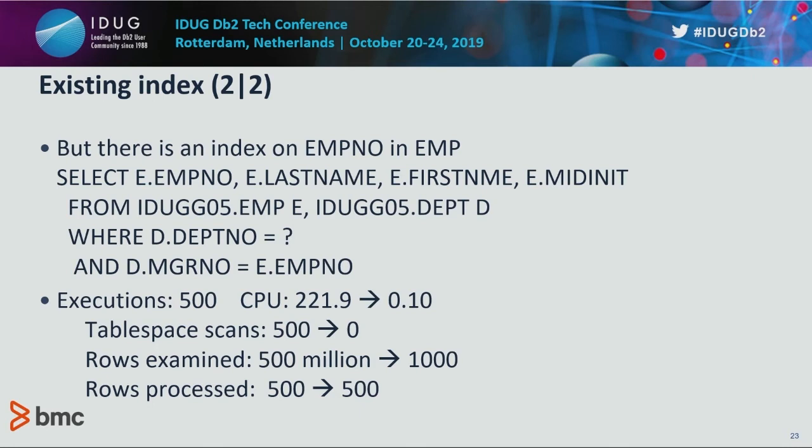We're no longer doing the table space scans, and our rows examined is way down. So a big savings that these statistics will verify, giving you insight into what's happening in the access path, both in the before case and the after case.